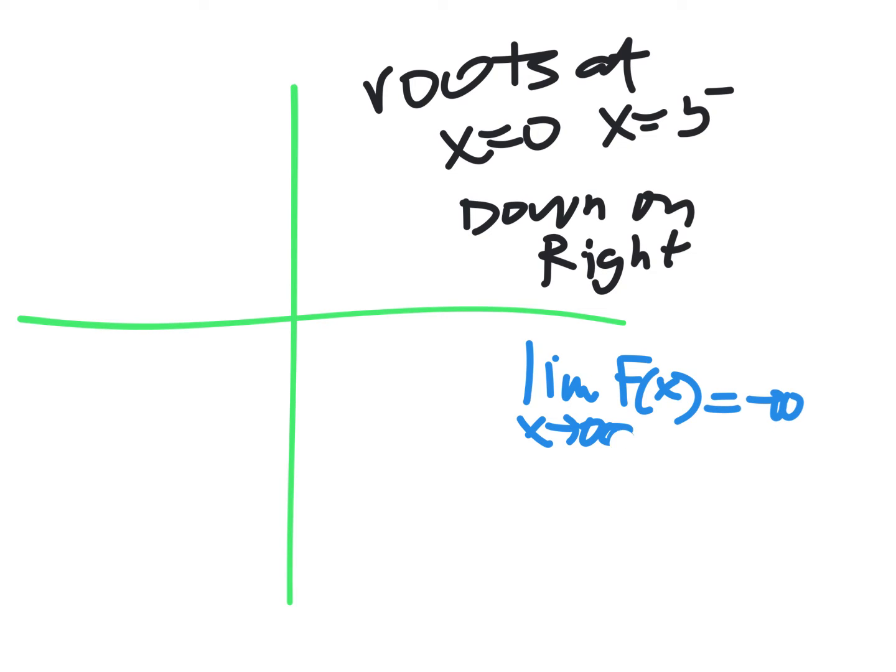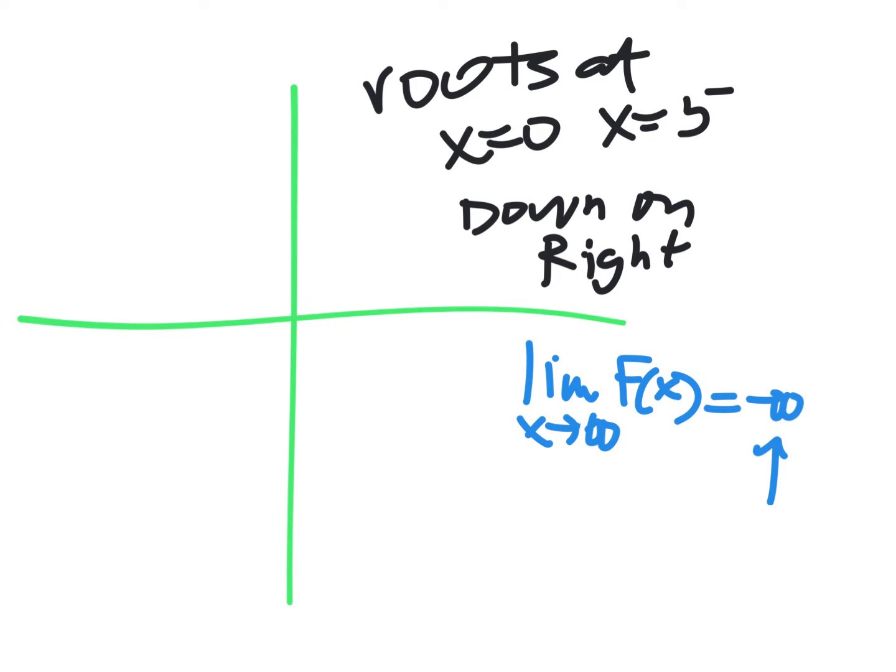And if you understand limits, you're like, so you're saying when x goes way to the right, when I move way to the right on the function, it goes way down. And that's the same as going down on the right. What's another way to obscurely say that my function goes down on the right? Use the word lead.